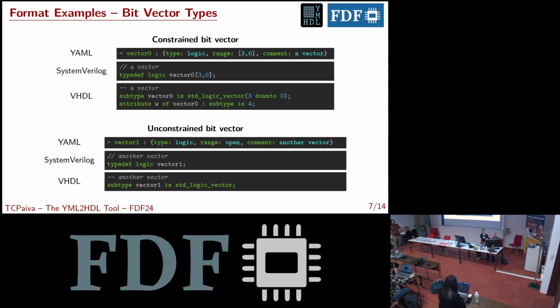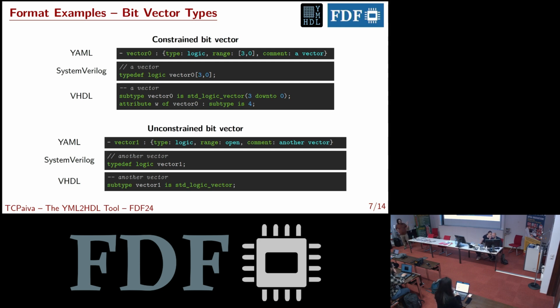So you have bit vectors. Bit vectors are just like type logic, which is the same as bits, and then you just give it a range. The range can be ascending or descending, and it will be respected in the file that is generated.